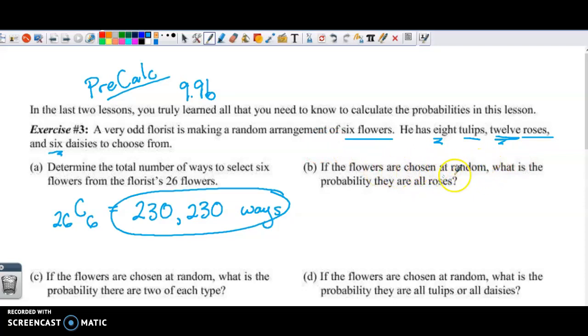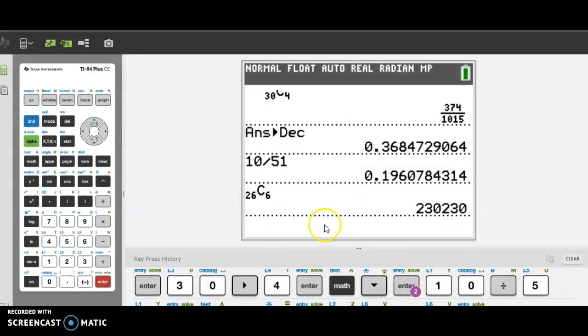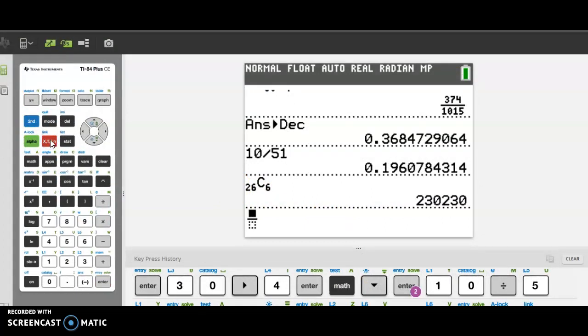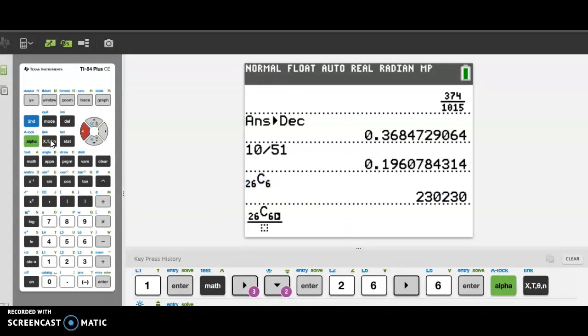what if we had the same thing, but now we're finding the probability that they're all roses, and again, it doesn't matter which rose is chosen first. So we have 12 roses to choose from. We want all 6 of them to be roses over this 26C6. Again, I'm not going to trust that I'm doing this correctly in my head or showing the work, so I'm going to make a fraction and just copy these values in.